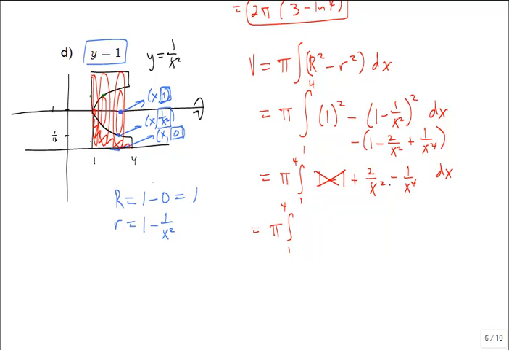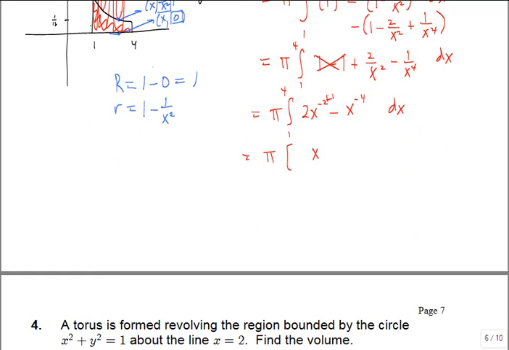So I'll just have these two terms left, and I'm going to rewrite them, 2x to the negative 2 and a minus x to the negative 4, and then I can use my power rule. So this becomes x, when I add 1, this becomes a negative 1 over negative 1 times that 2, and when I add 1 here, this becomes negative 3 over negative 3.